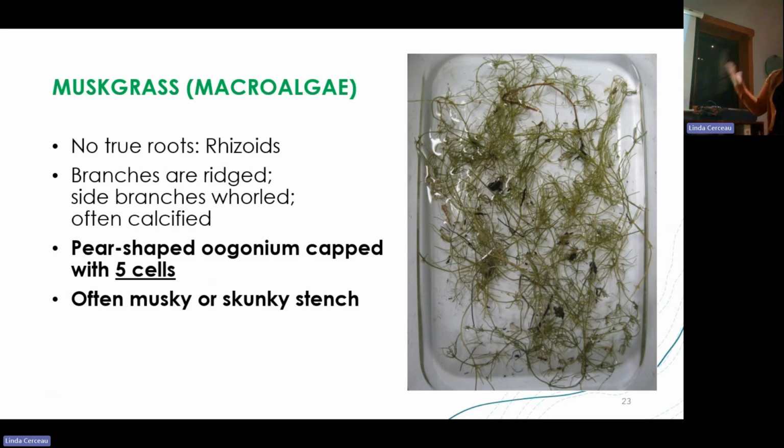Again, this one can often become calcified, depending on what your water quality is. But really the key way to identifying this is when you pull it up out of the water, it has a musky or skunky smell to it. And you know right away, you're like, oh, that's muskgrass. So it's okay if you're smelling plants because you're trying to ID it.